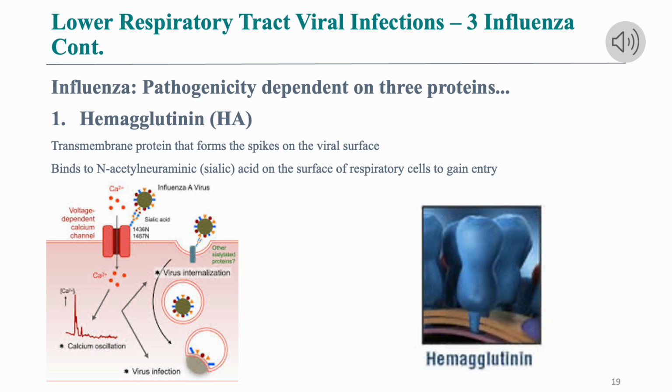The pathogenicity of the flu is dependent on 3 different proteins. The first protein is hemagglutinin. This is a transmembrane protein that forms the spikes on the viral surface. Shown in the bottom right corner is a zoomed in picture of hemagglutinin, from the cell on the previous slide.